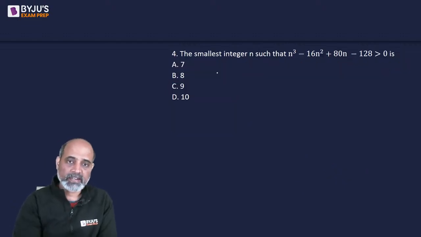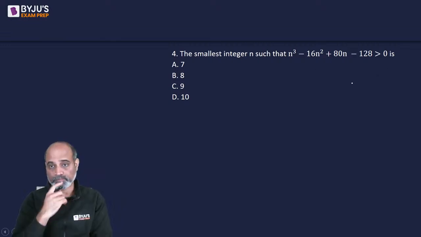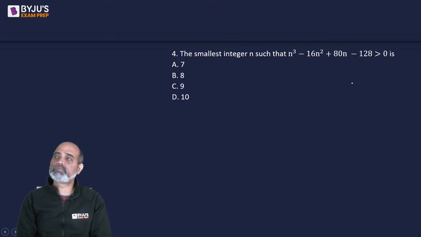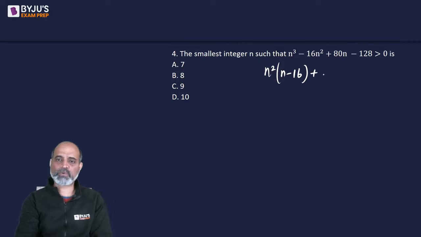Okay. Next, the smallest integer n such that this is greater than 0. So from here, what we can do is we can take out n square common. We are left with n minus 16, and from the next one, can we take out n square common?